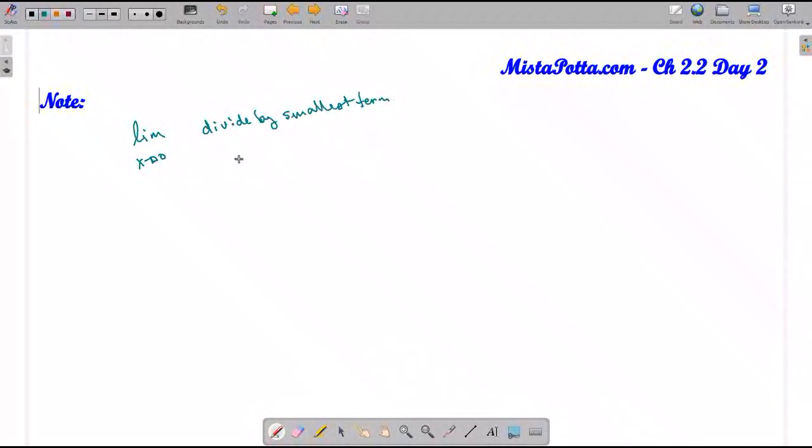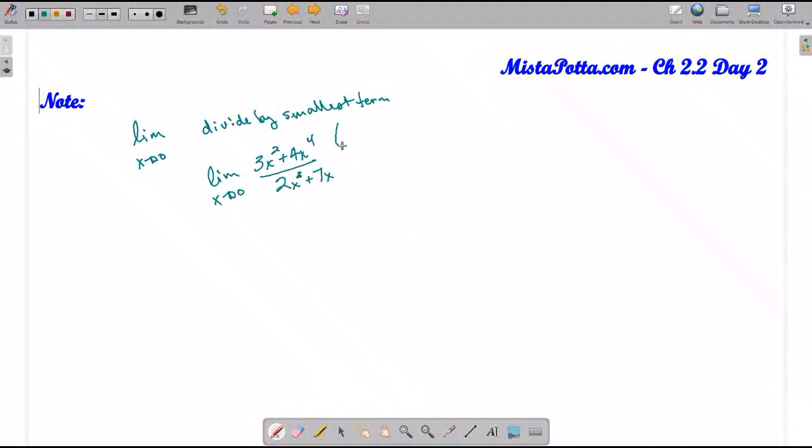That's one of those situations where if I'm looking at the limit as x approaches 0 of 3x squared minus 4x to the fourth, let's make it a plus, over 2x cubed plus 7x, I want to look at the smallest term.